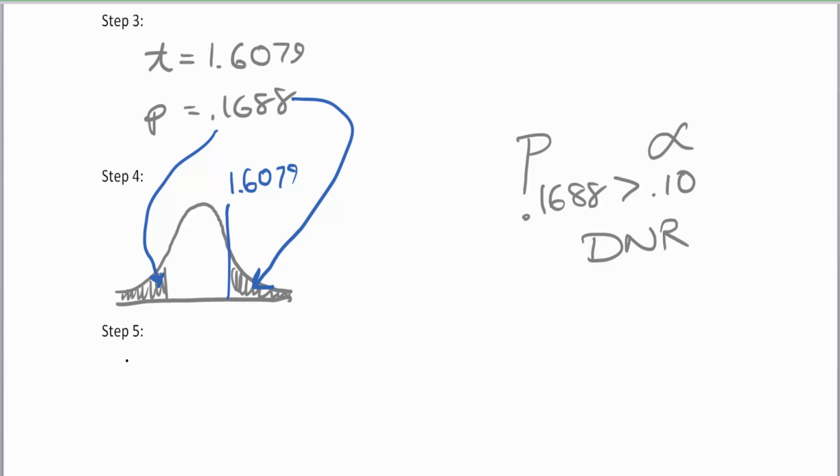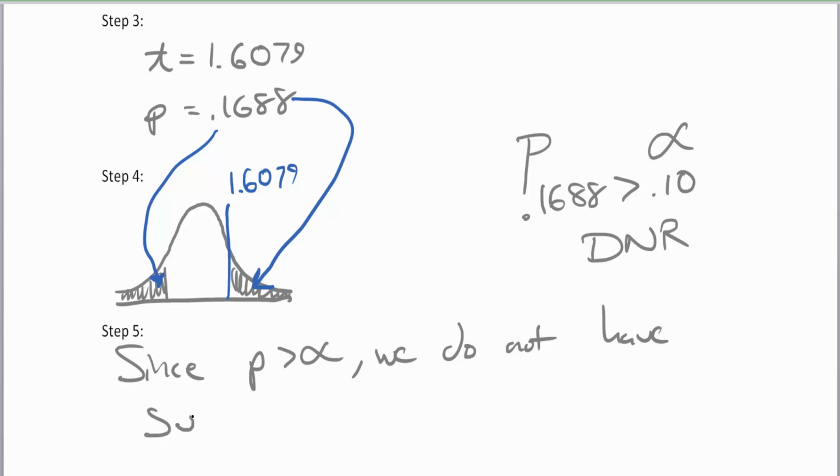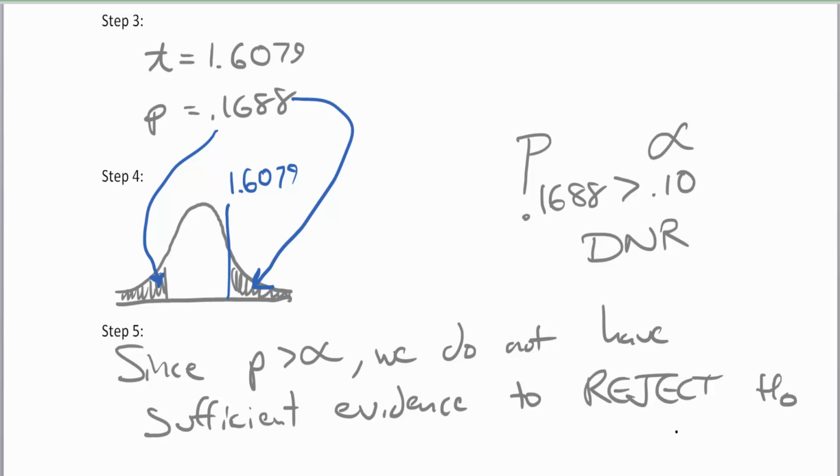So our summary statement, which needs an inequality, since the p is greater than alpha, we do not have sufficient evidence to reject the null hypothesis. So do not reject the null hypothesis.